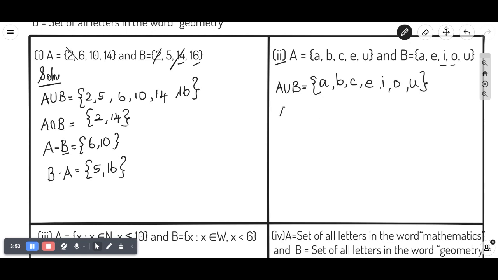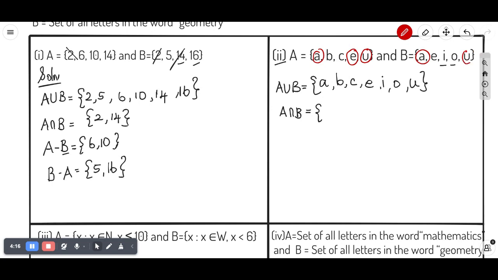Then you have to write your A intersection B. What is intersection? Joining, overlapping, those kinds of elements. So what is there in both A and B? Let's check. We have got A in both A and B, then B is not there, C is not there, E is there. So we have to write A, E, and yes, you have got U also.